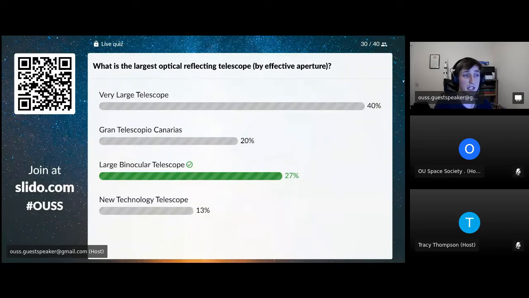The Grand Telescopio Canarias is the next largest at 10.4 meters, I believe. And the Very Large Telescope is actually comprised of 4 individual 8.2 meter telescopes. They can be combined, but it's not done often. So that's why that's not listed as the top one. And the New Technology Telescope is 3.5 meters.